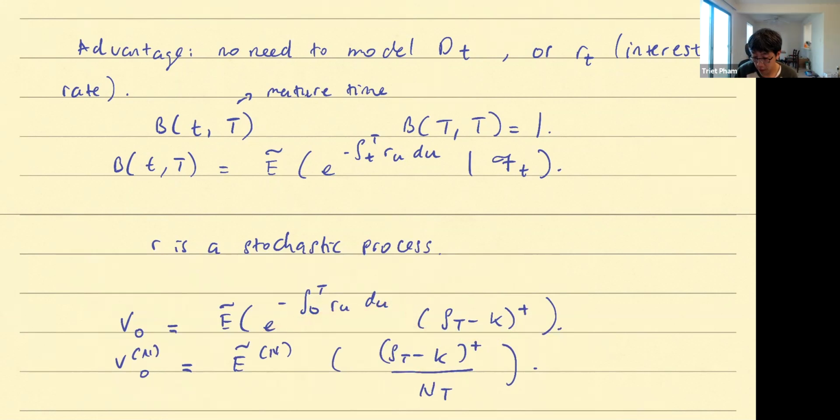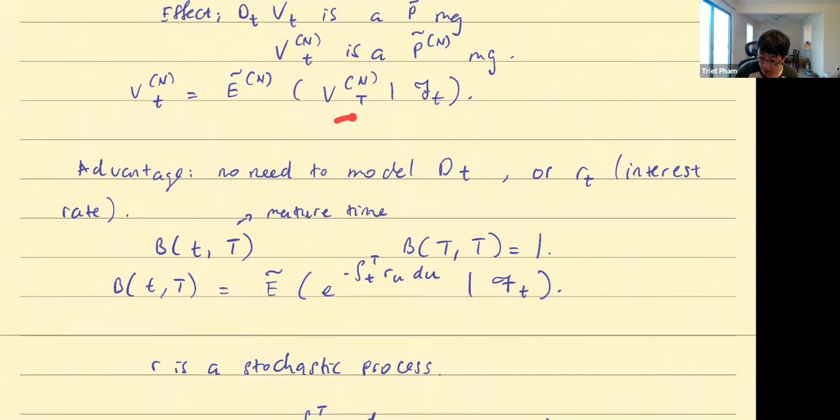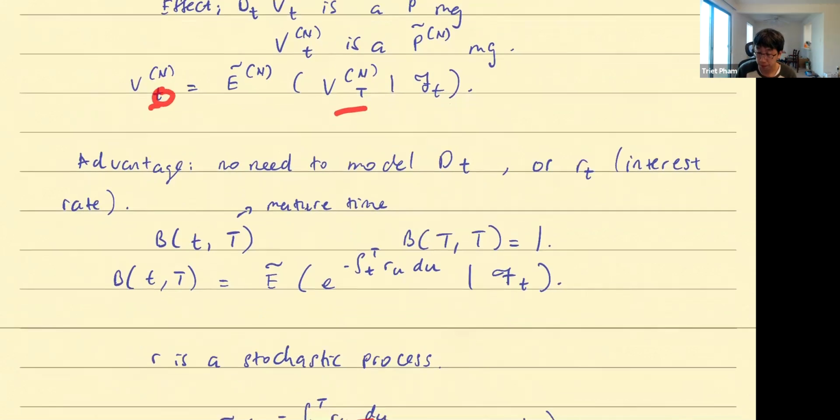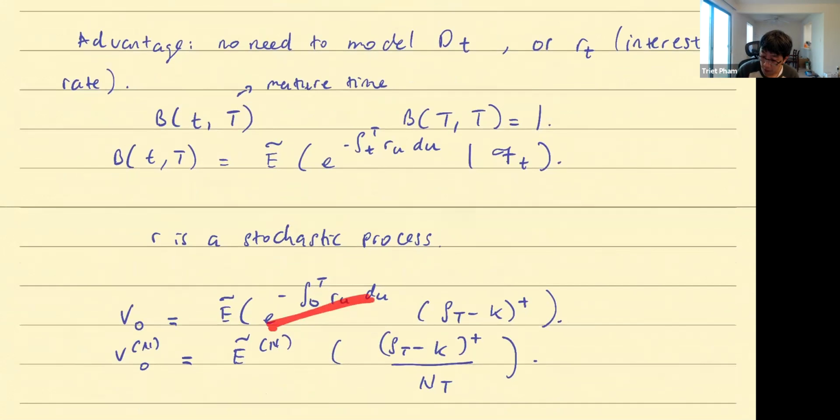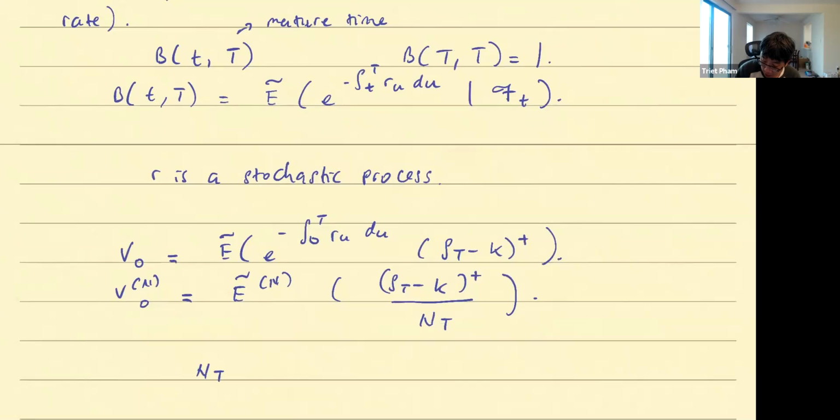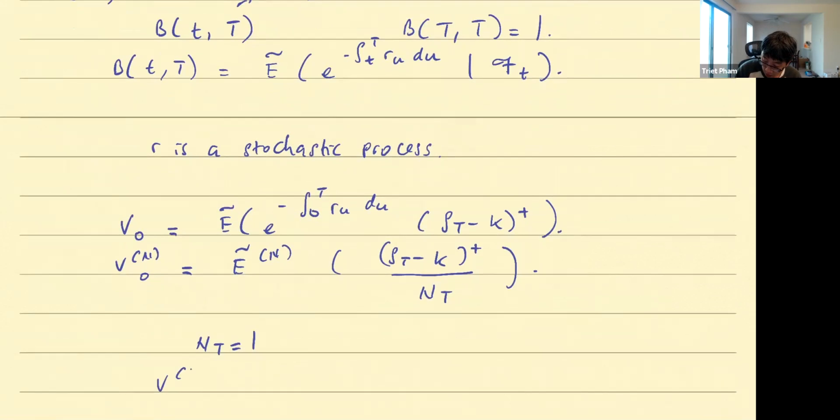This is exactly writing this down at time 0. And even more magically, suppose somehow that N_T is equal to 1. Is that too good to ask for? Maybe, maybe not. But suppose that you have something like that, then eventually under the new numeraire, this is your pricing formula.